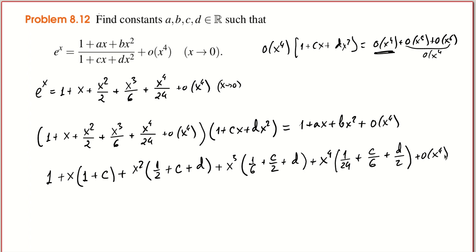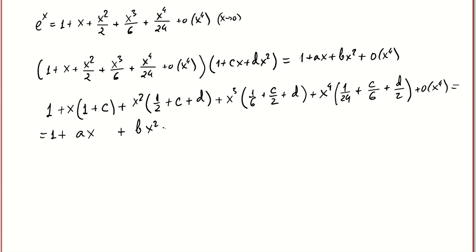All right. So this is the left-hand side, and the right-hand side is equal to 1 plus ax plus bx squared, plus o(x^4). If these two expressions have to be the same, well, 1 and 1 cancel. Then the power of x must be the same, the power of x squared must be the same, and the powers of x cubed and x^4 must be 0, because they are not on the right.